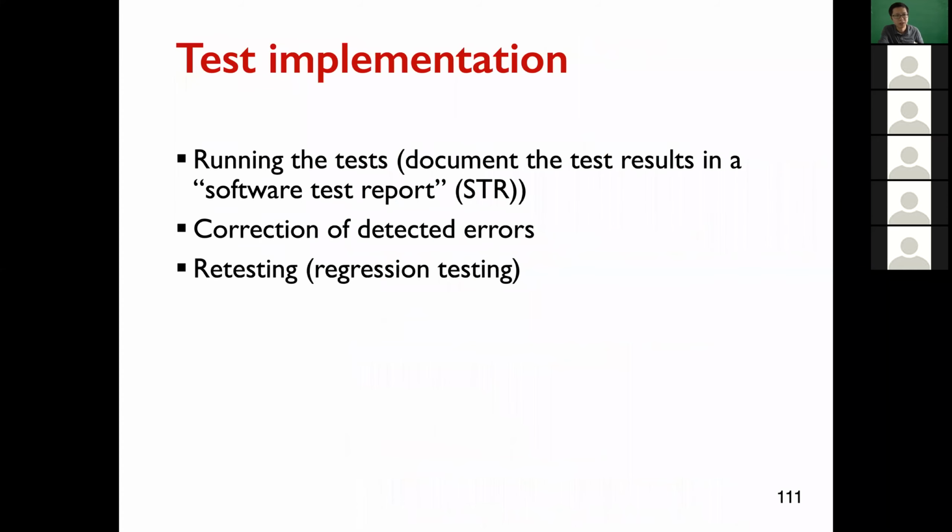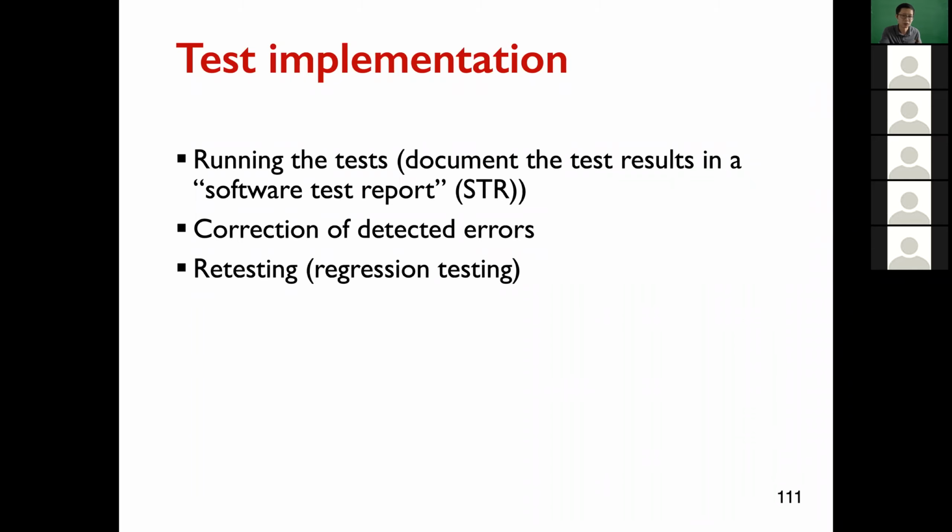And the last step is to actually run the test. We call it test implementation. We want to run the test, record the results, and evaluate whether the results are as expected, right? And we want to correct the errors found in the test results.